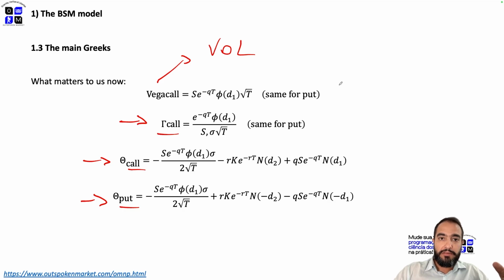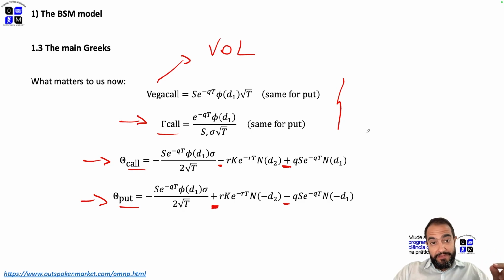Vega and gamma for the call and put are the same formulas, and for the call and put thetas we have a small difference coming from this minus sign over here and this plus, again the opposite, for the put.